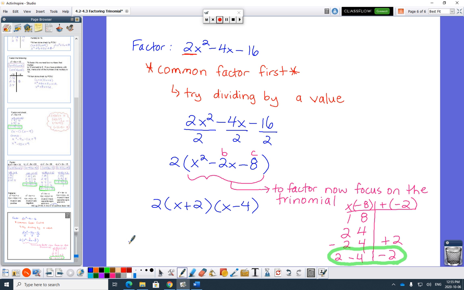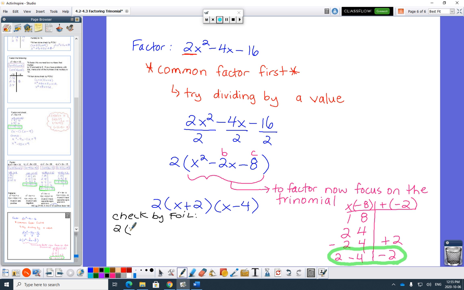You already foiled these yesterday, right? But if you check by FOIL, then I would do the foiling first and then multiply by 2, just like you did yesterday.